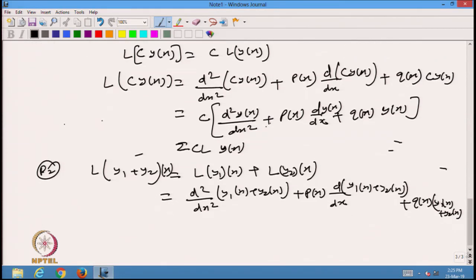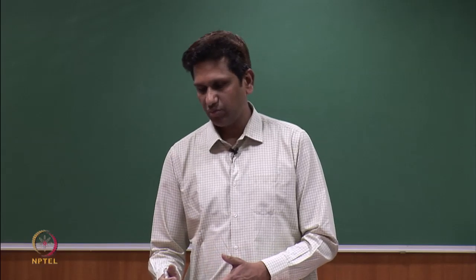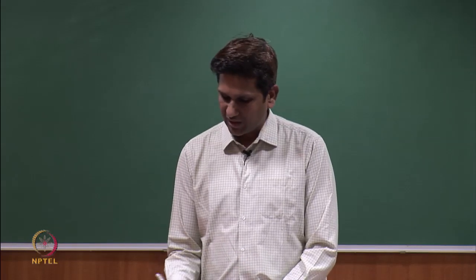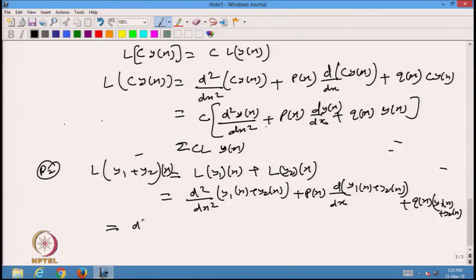Now, this is the summation of the functions. From here I know that the derivative is a linear operator, so it can be taken separately. It can be written as d square over dx square of y1(x) plus p(x) d by dx of y1(x) plus q(x) y1(x).